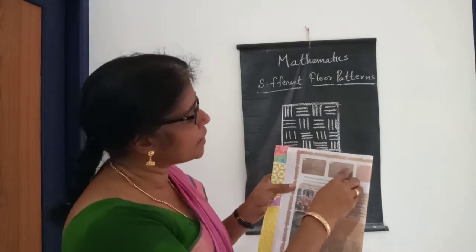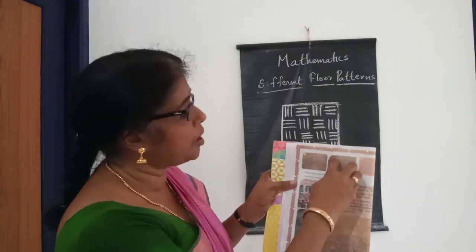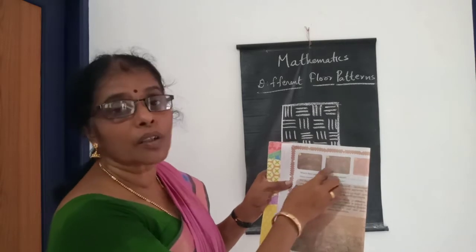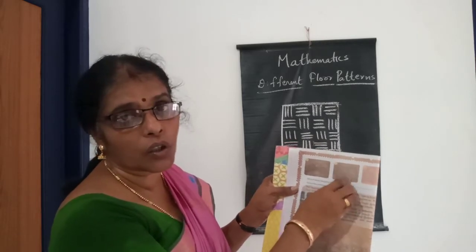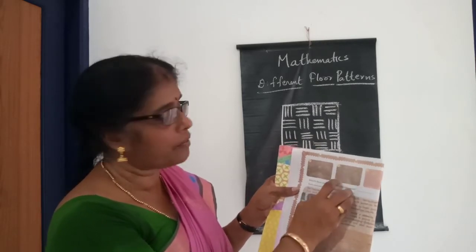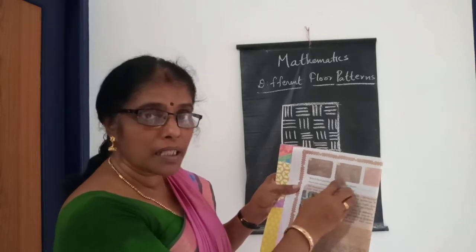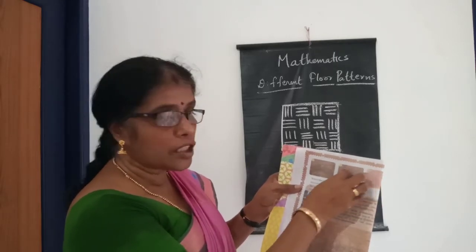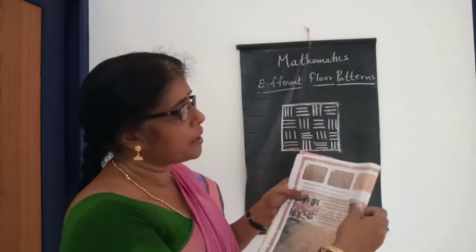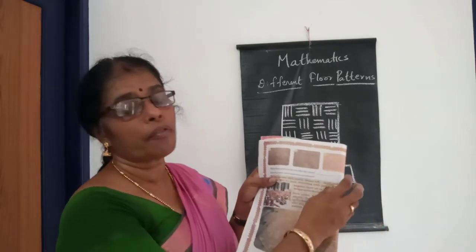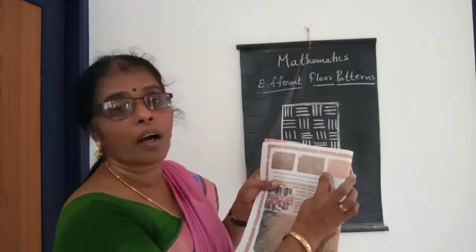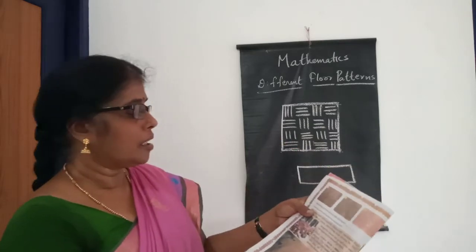The fourth one is arranged in a square shape and in between that the bricks are arranged in a cross way. And the last picture is in the shape of an arc. These are the 5 pictures.